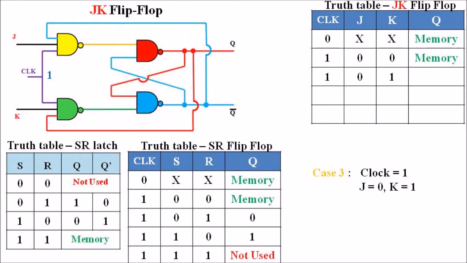Now we are moving towards case number 3. The third case is clock equal to 1, J equal to 0 and K equal to 1. In this case, we can see that the output of the first NAND gate, that is the yellow NAND gate, will be 1, and the output of the second NAND gate, that is the green NAND gate, depends upon the third input.